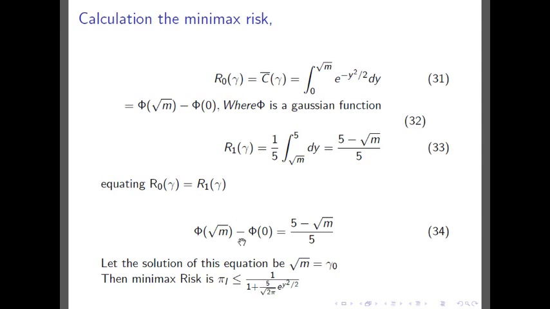On solving, we have phi of root m minus phi of 0 is equal to phi of minus root m divided by 5, where phi is the Gaussian function. Now, let the solution of this equation be root m is equal to gamma naught. Then, the minimax risk is pi naught less than or equal to 1 by 1 plus 5 by root 2 pi into e power y square by 2.